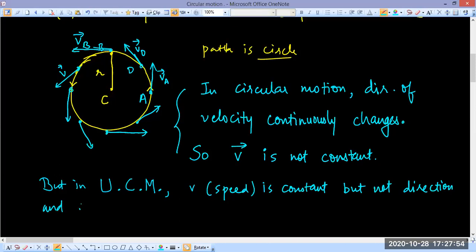And therefore V vector is also not constant. I hope you have understood this whole thing. So in UCM, magnitude, that is speed, is constant but not direction. And so what do we have? So velocity is also not constant, right? Because the direction of velocity will keep changing continuously. Everything clear? Everything clear, everyone?